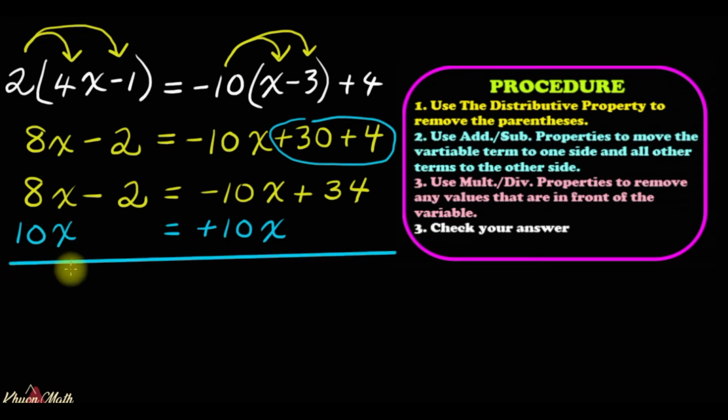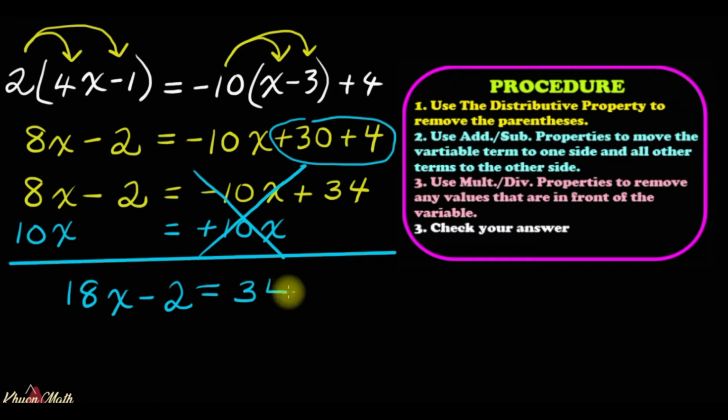Okay, so 8x and 10x is 18x. And then we're going to bring down the negative 2 and the equal sign. And then here, when you combine those two, it comes out to 0. And then we bring down the 34.